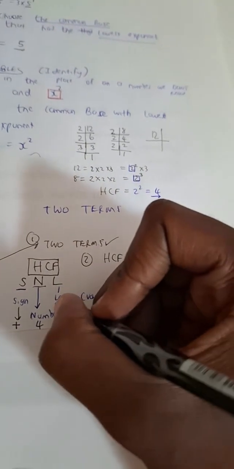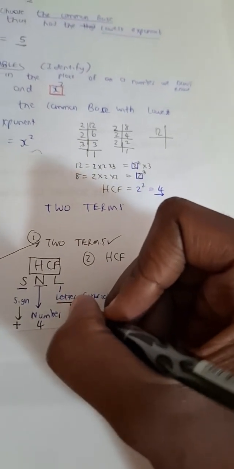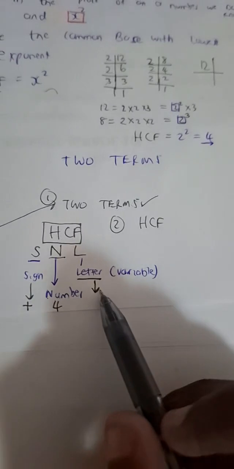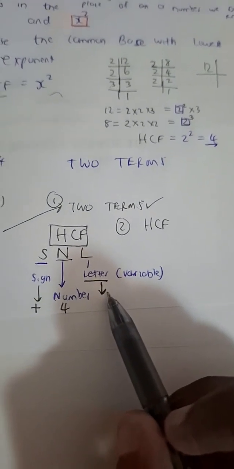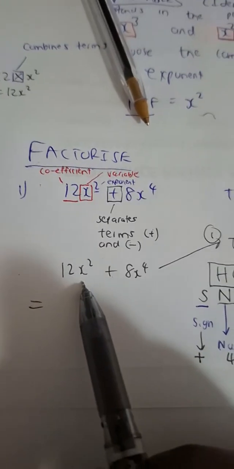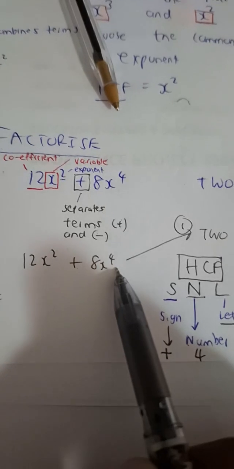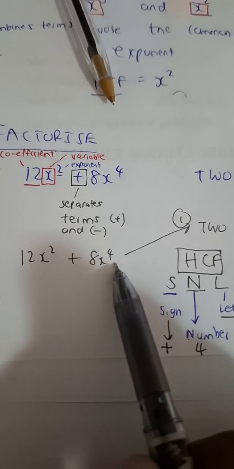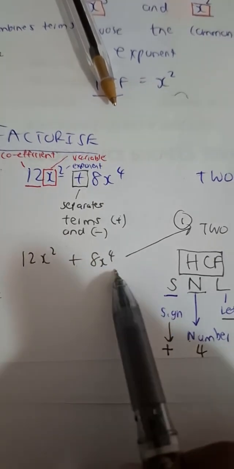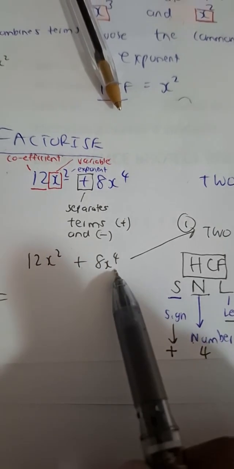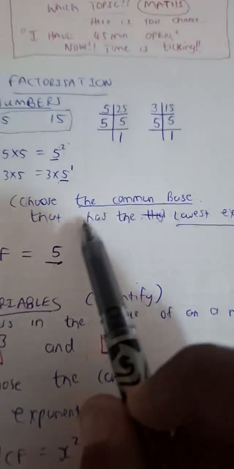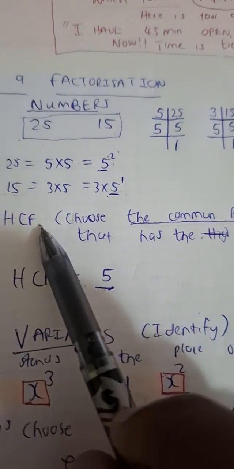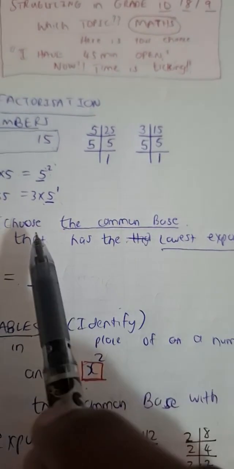Okay, then lastly, our highest common factor between x squared and x to the power 4. What is the highest common factor variable? Remember, once again, we go back to our concept that whenever we are choosing the highest common factor, we choose the common base that has the lowest exponent.